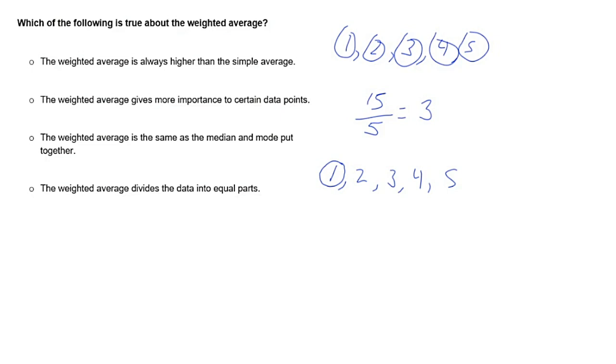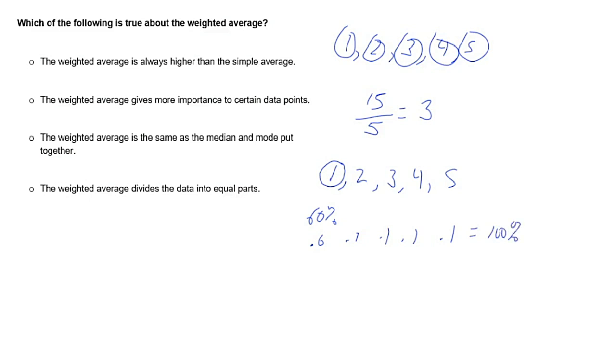So if I want to give that a weight of 60%, or 0.6, I'm going to assign that to 1, and for all of the others, I'm going to assign a weight of 0.1. So they all have an equal weight. And if I add all these together, 0.6 plus 0.1 plus 0.1 plus 0.1 plus 0.1, I get to 100%. So I know that's the full weight of the problem.